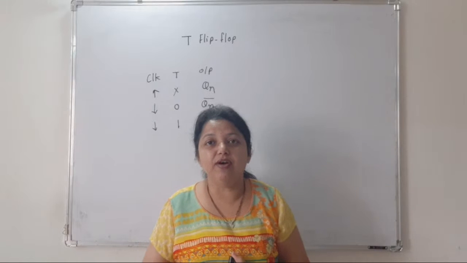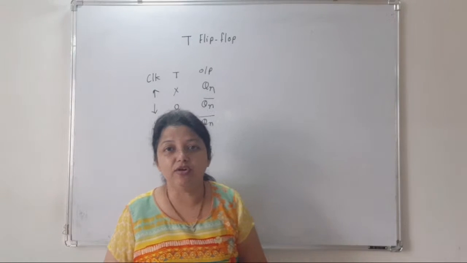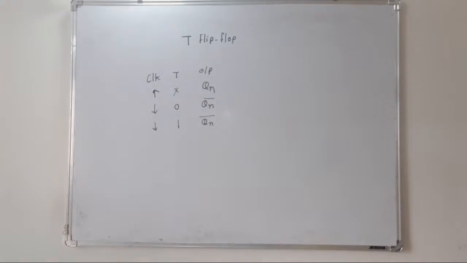And whenever J is equal to 1 and K is equal to 1, at that time only there is toggling of the flip-flop. See in your textbook, page number 251.